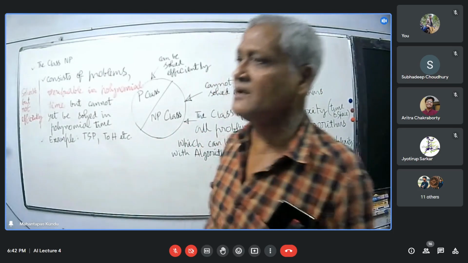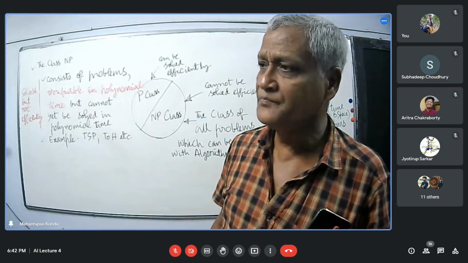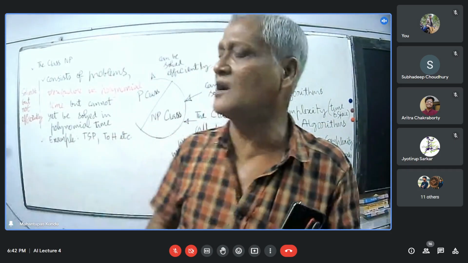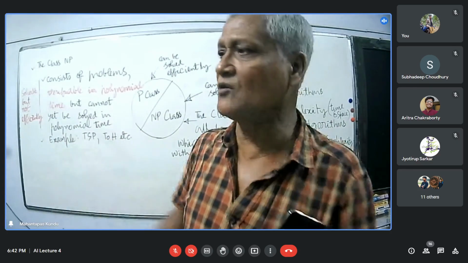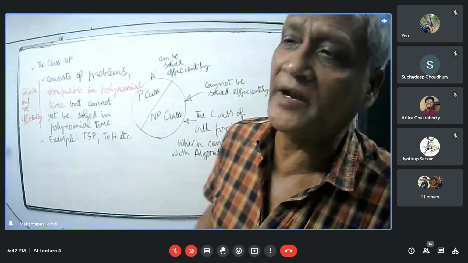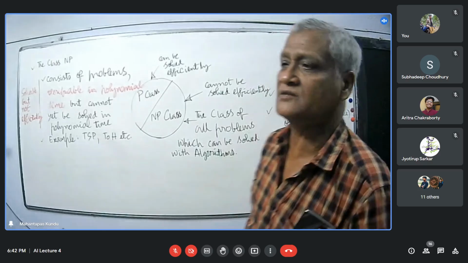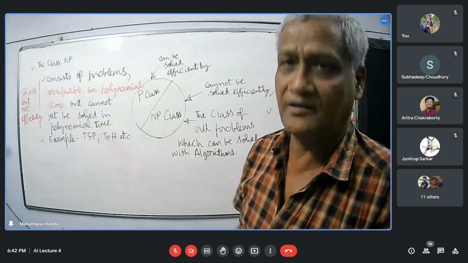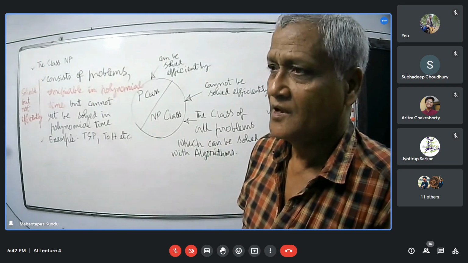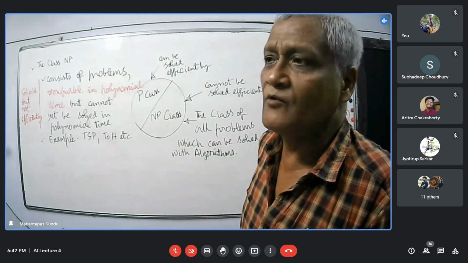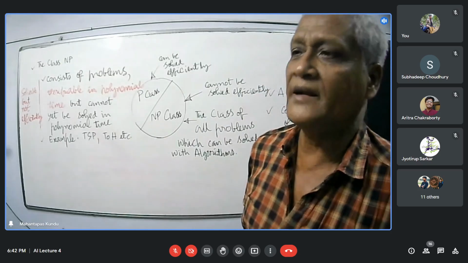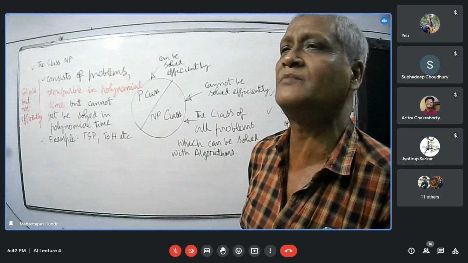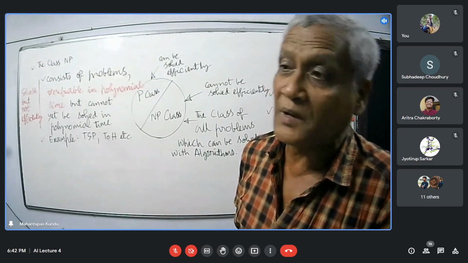And verifiable in polynomial time means given a sample solution, there is an algorithm which will be able to verify whether that is a correct solution to the problem or not in polynomial time. For Tower of Hanoi problem, we have seen that the complexity of the algorithm for solving it is big O of 2 to the power n.